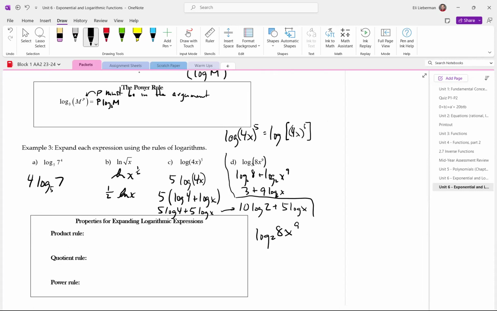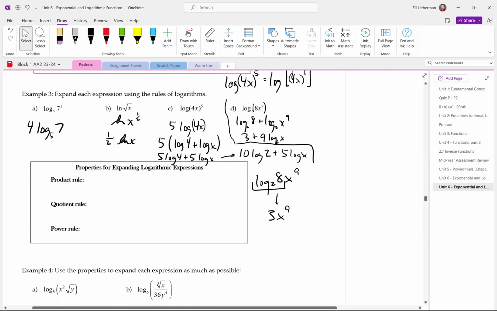So I would say that this is really just 3 times x to the 9th. We can't say that x to the 9th is part of the argument. So if it's written like that, the only thing you could do is say, I know that is 3. The x to the 9 is not in the argument, it's just a separate thing. So it changes stuff.